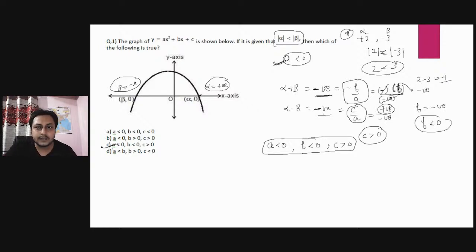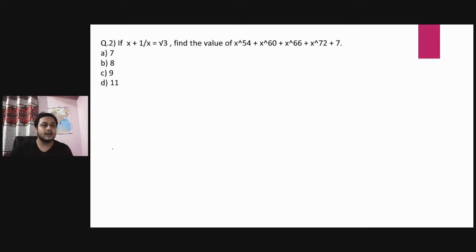Let's come to the next question. If x plus 1 by x equals root 3, then you have to find the value of this series: x power 54 plus x power 60 plus x power 66 plus x power 72 plus 7, right?